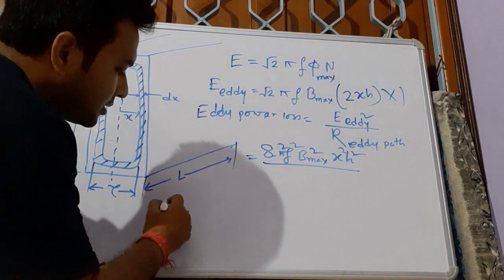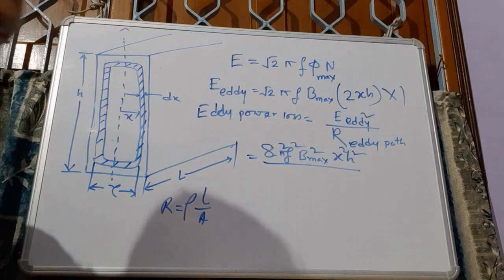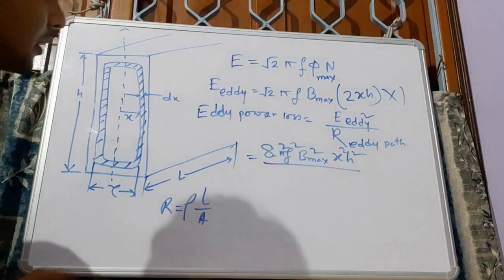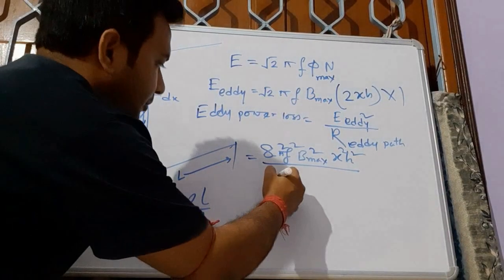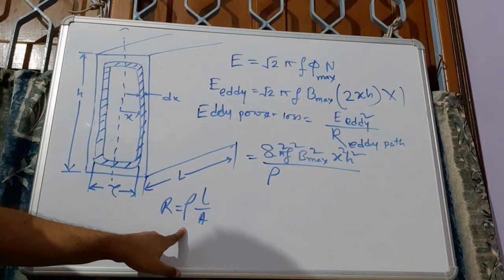So what is the formula of resistance? R equals rho L by A, right? The resistivity is rho. What will be the L?